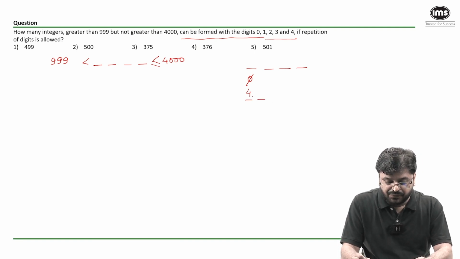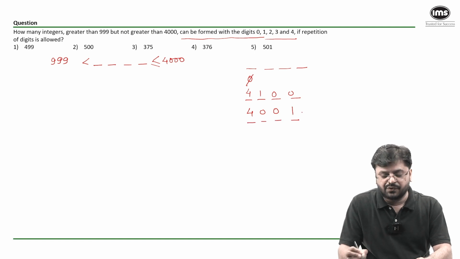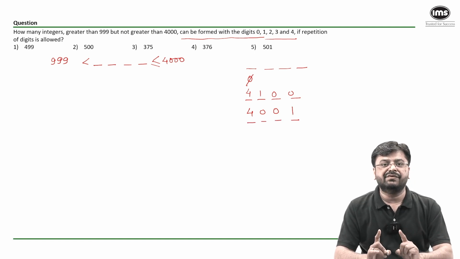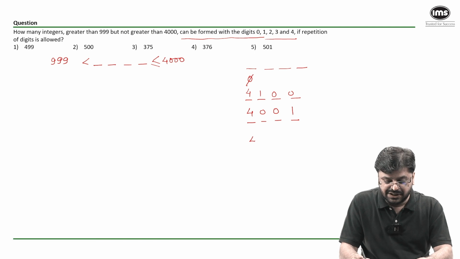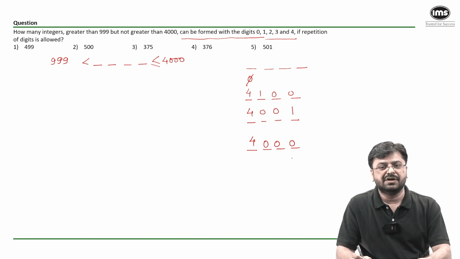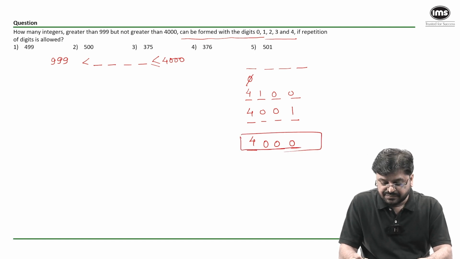Because the moment you write 4 here, and if you write 4, 1, 0, 0 or 4, 0, 0, 1, this will be more than 4,000. The only number which is acceptable in this range is when you place 4 at the 1000 place and you put other digits as 0, which is one case.